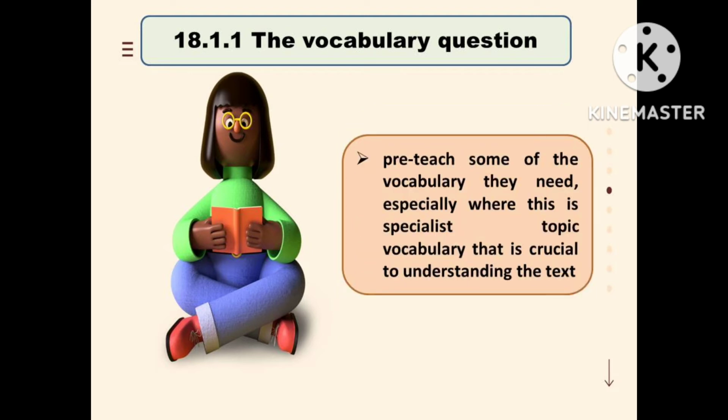One way of helping students to deal with challenging texts is to pre-teach some of the vocabulary they need, especially where this is specialist topic vocabulary that is crucial to understanding the text. Such pre-teaching can have an enormous effect on their capacity to comprehend the text as a whole, according to Hénschoglu and Eldridge of 2007. However, there are potential problems with this.